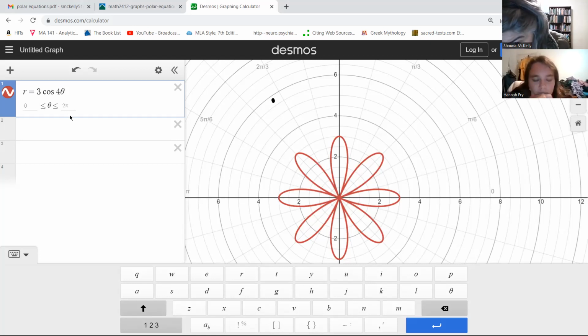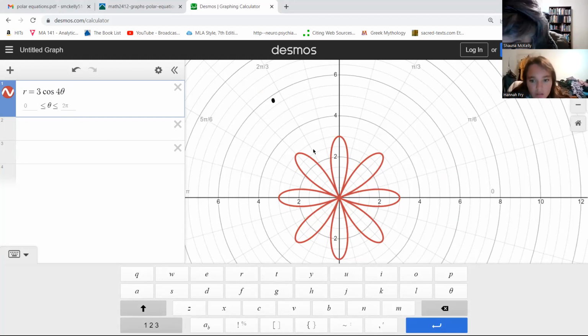Now, this is cosine. I know I'm going to have a petal on the polar axis, which I do. And because this is even, you get double the number of petals. This 3 tells me what my radius is going to be.